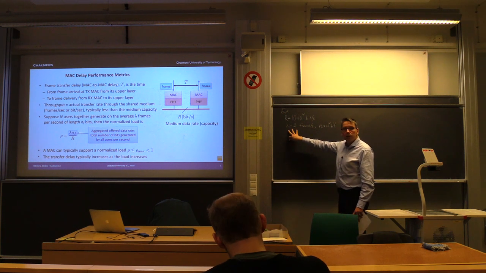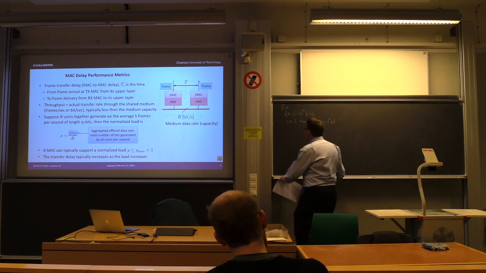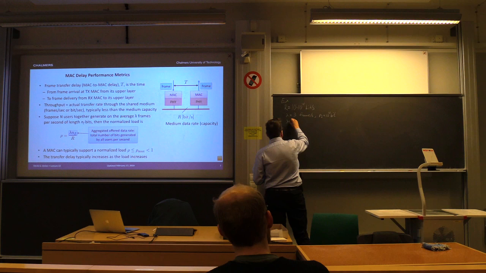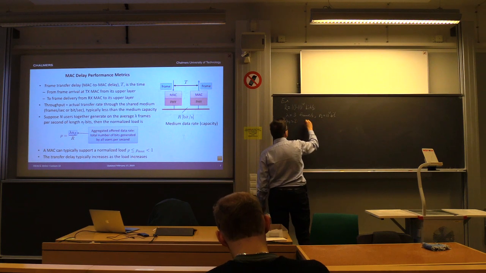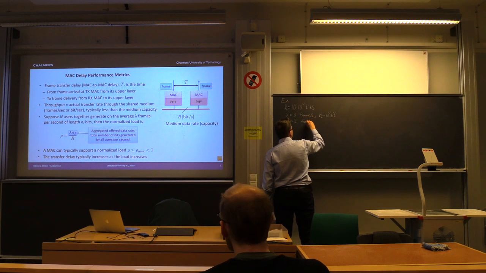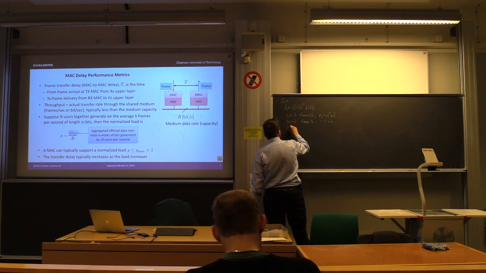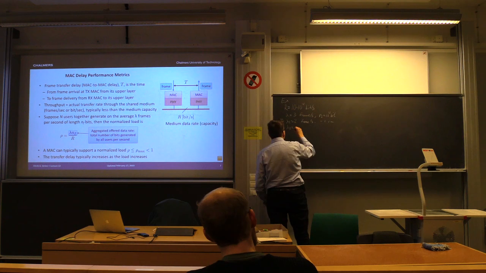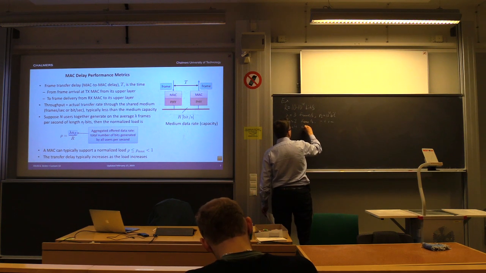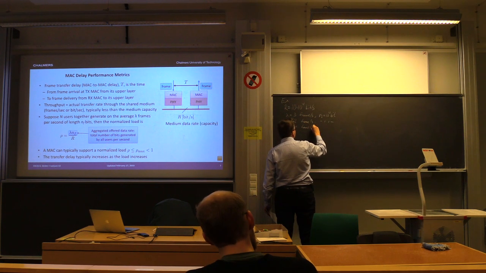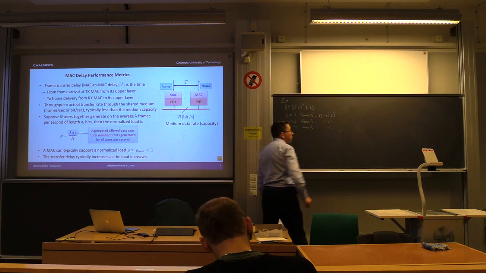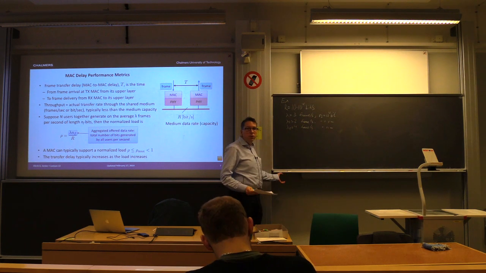This is the data generated by user number 1, and then we have user number 2. Suppose that generates 2 frames per second with the same frame size, and the third one generates, say, 4 frames per second. And still every frame is 10 to the 4 bits.